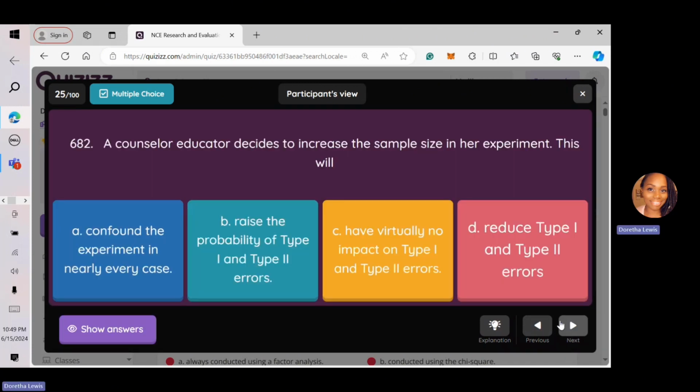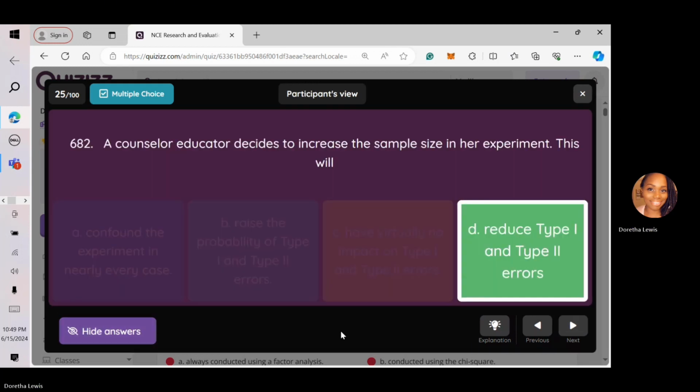Last one. A counselor educator decides to increase the sample size in her experiment. This will reduce type 1 and type 2 errors. So I'm going to break this down the simplest way I can. If you have a bigger sample, which is like the population you're looking into, it's going to reduce the errors of your studies, of your research, right?